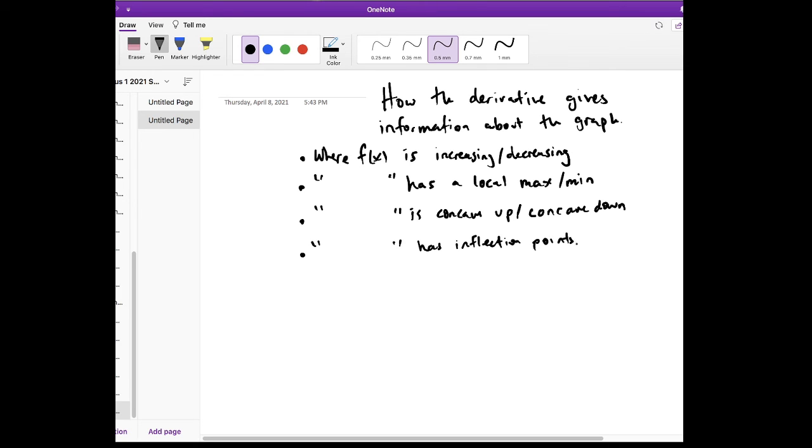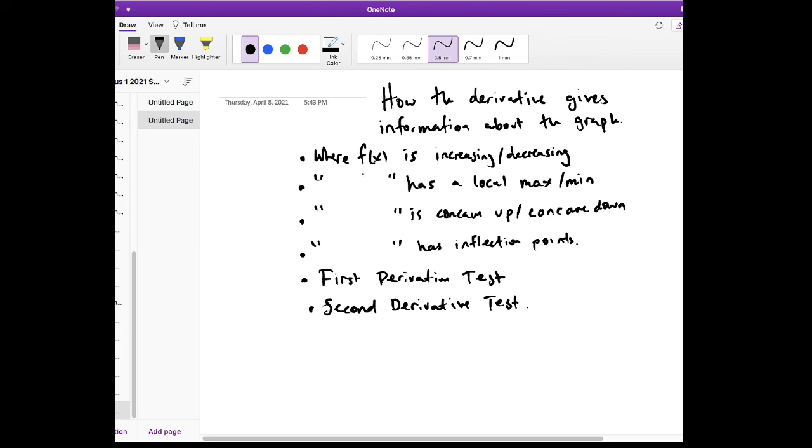So again, that'll make sense later. So the two main tests we're going to use are something called the first derivative test and the second derivative test.